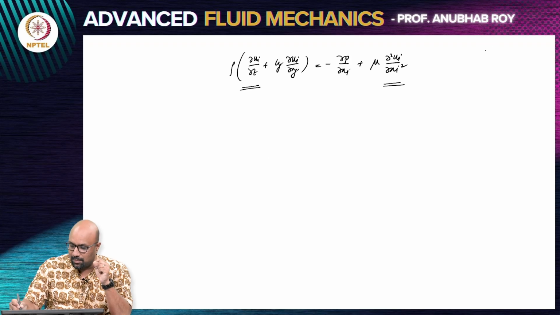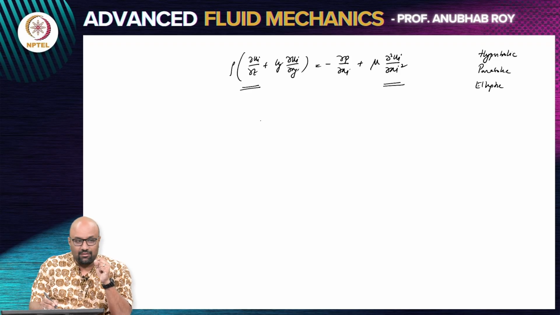The classification typically is whether the equation is a hyperbolic PDE, a parabolic PDE, or an elliptic PDE. Now, the nature of the Navier-Stokes equation is such that in different limiting scenarios it behaves as one of these kinds.